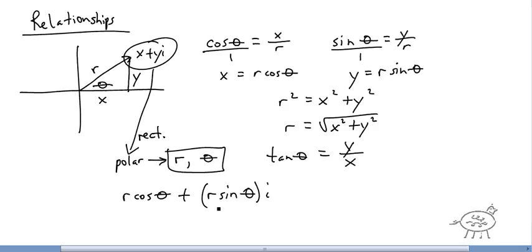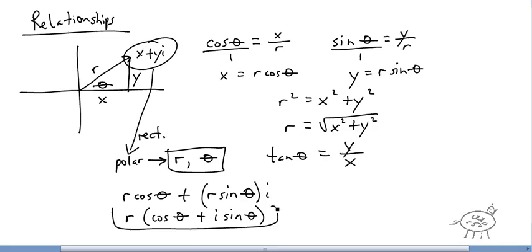All right, and then if I factor out an r, I get r times cosine of theta plus i sine of theta. And that, math fans, is polar form of a complex number.